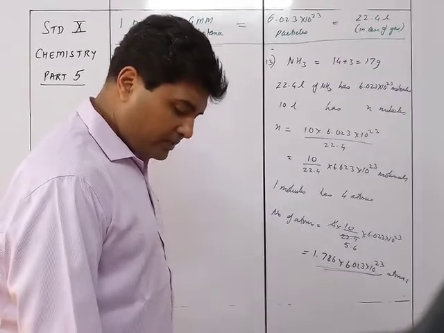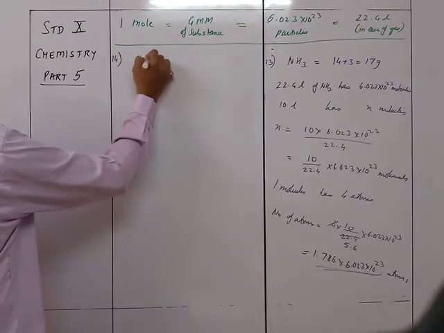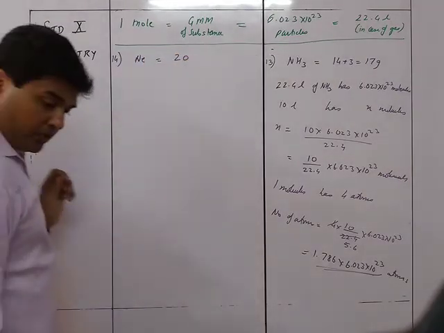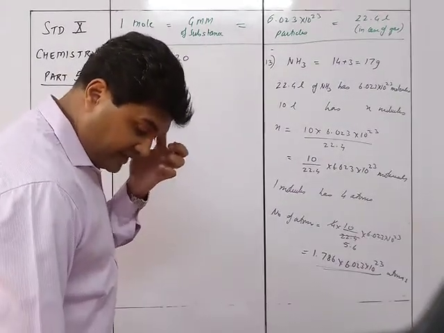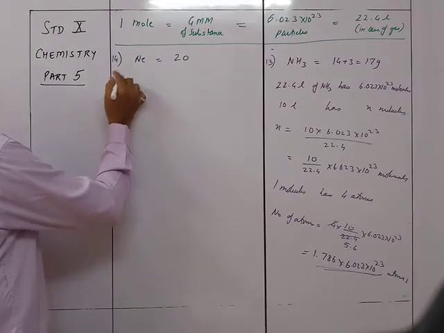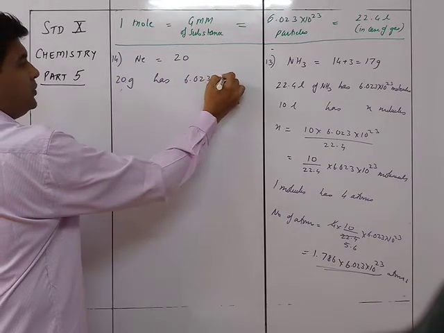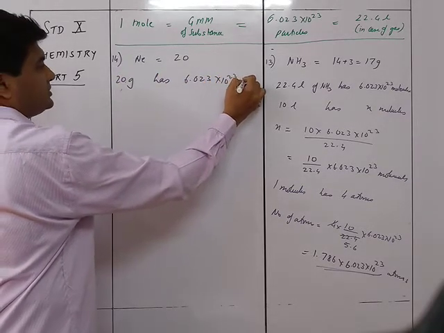The number of atoms in 60 grams of neon. Neon is equal to 20. So we want to find out the number of atoms in 60 grams of neon. We know that 20 grams has 6.023 into 10 raised to 23 atoms.